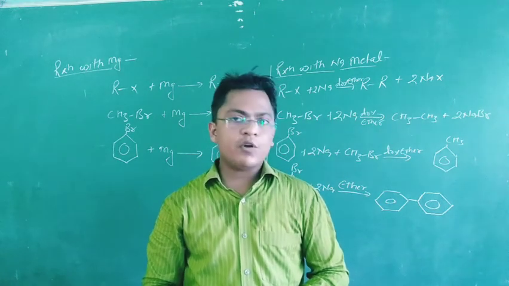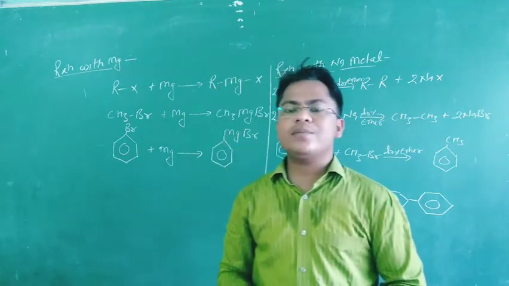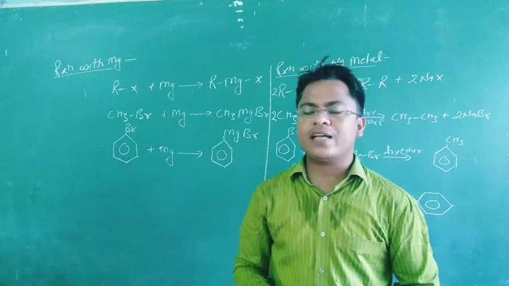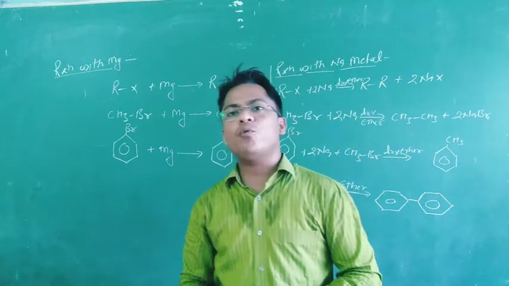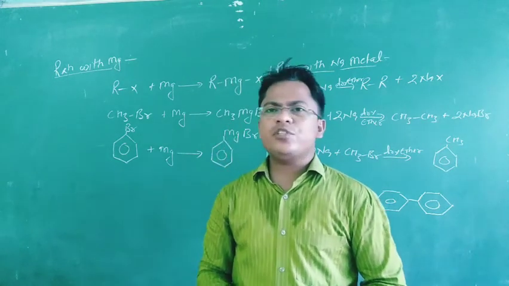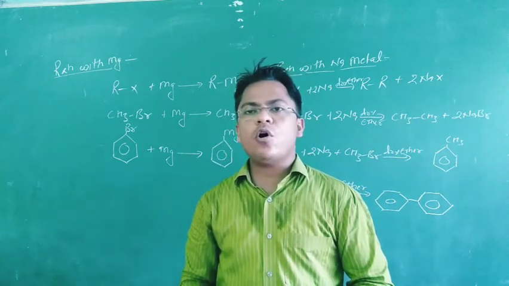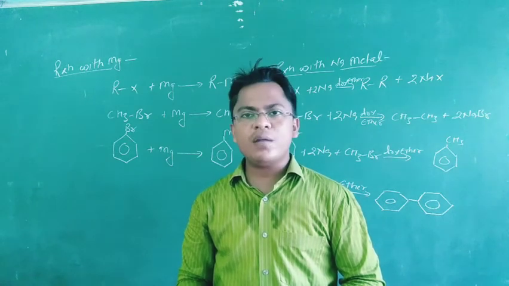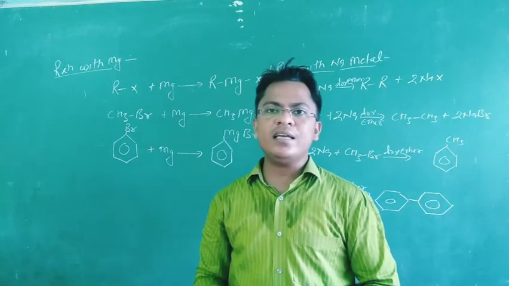Okay, let's talk about the polarity. Of course, alkyl halides have a particular dipole moment, so these are polar in nature. Now suppose we talk about the boiling point. On increasing the molar mass, the boiling point generally increases.